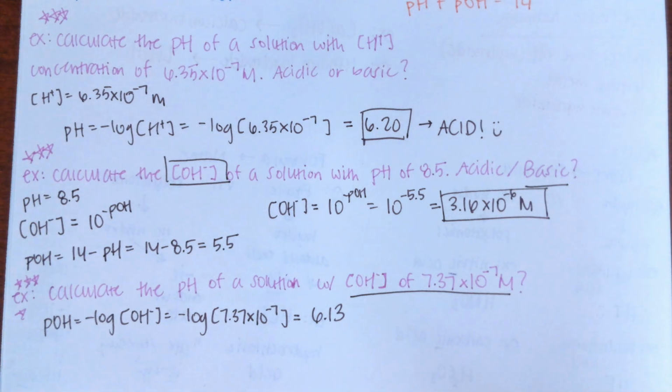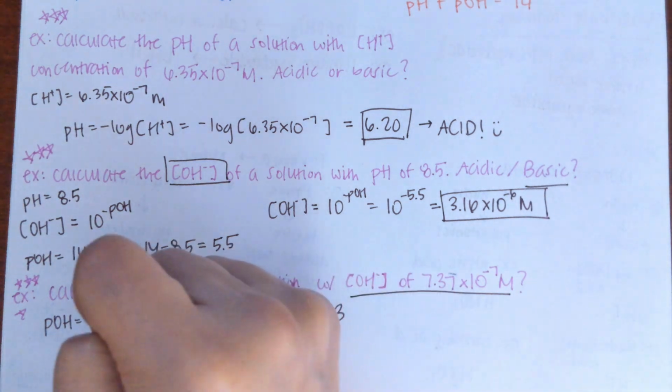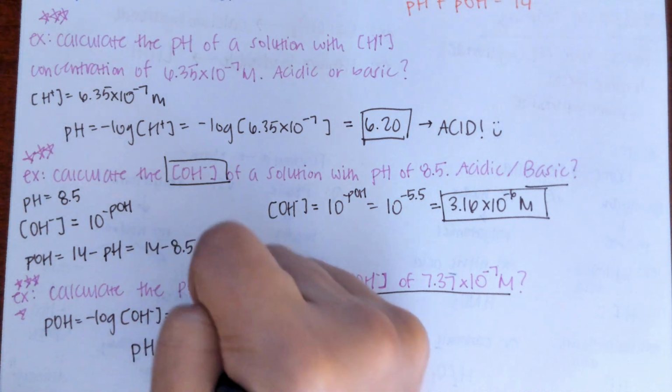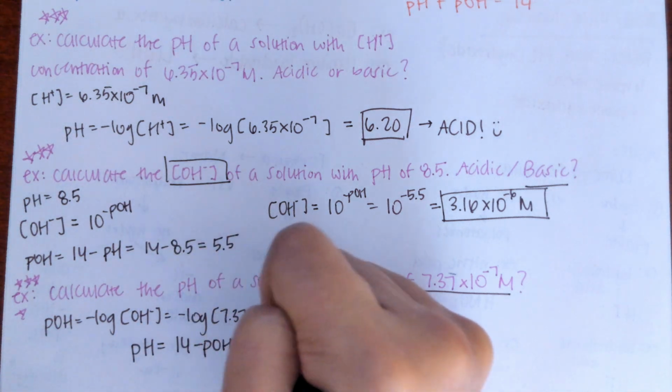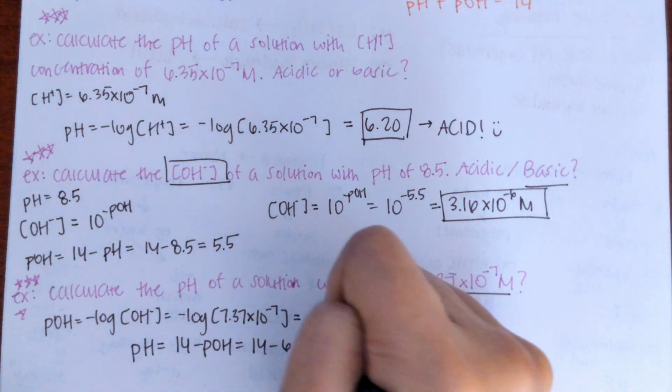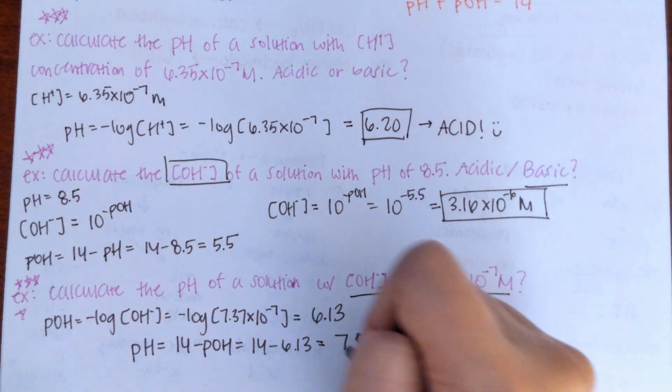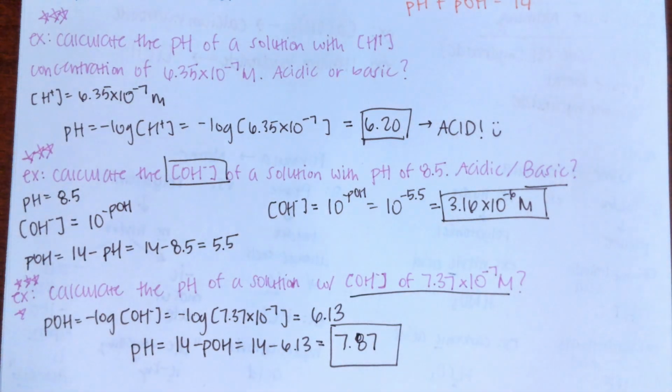Alright, and then how do we find pH from that? Subtract from 14. So you should get 7.87 as your pH. Final answer.